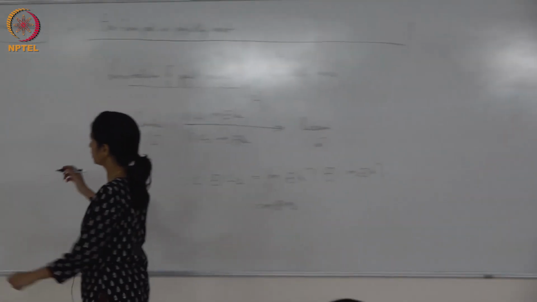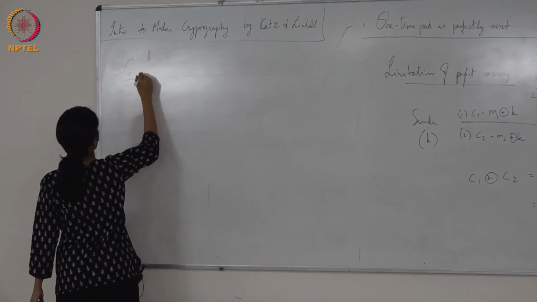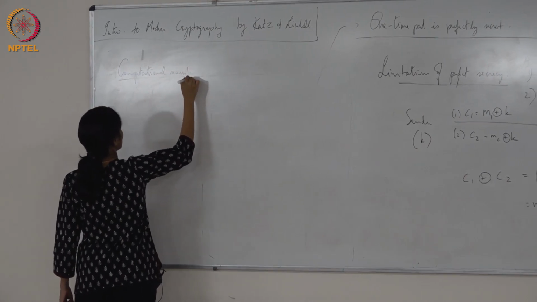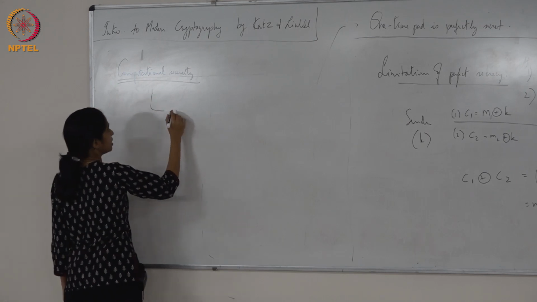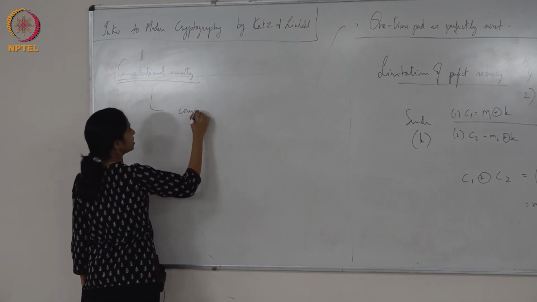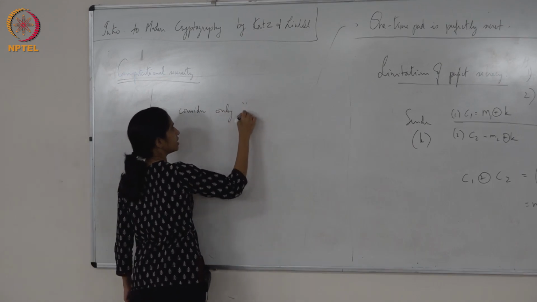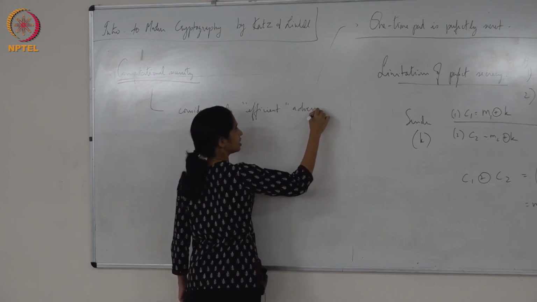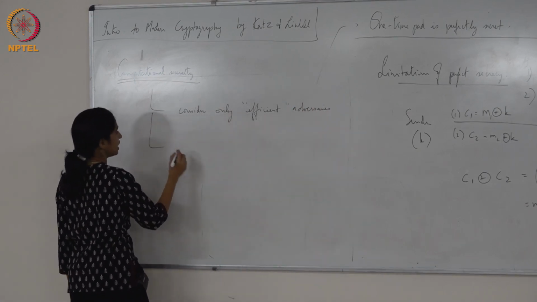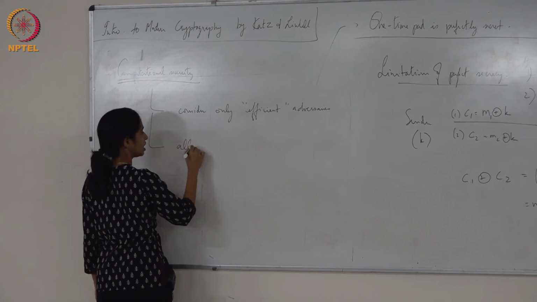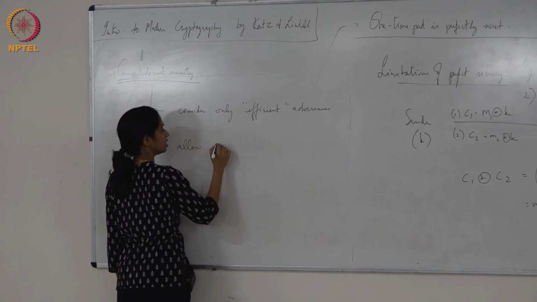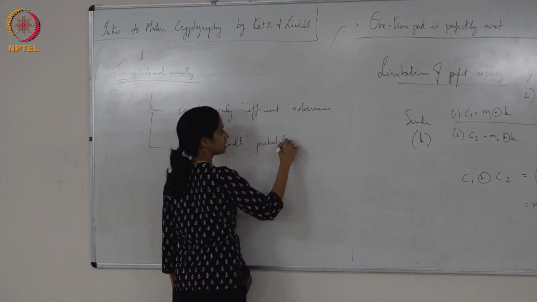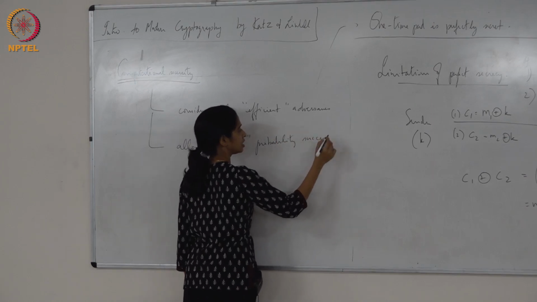Like I said, we will be in this setting of computational security, where we will consider only efficient adversaries, and allow a small probability of success for the adversary.